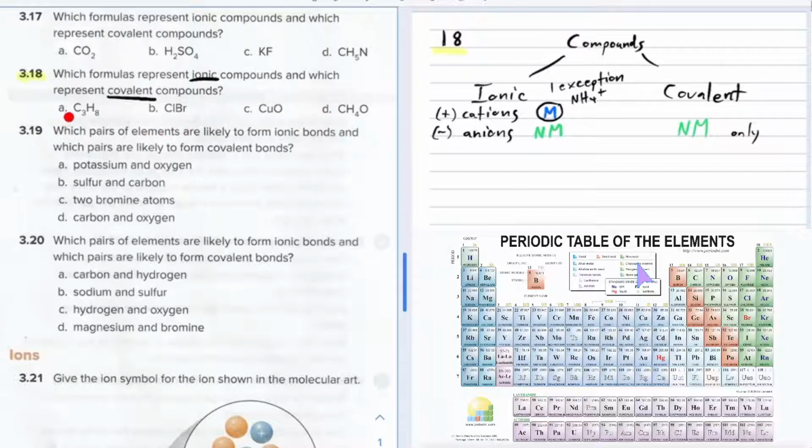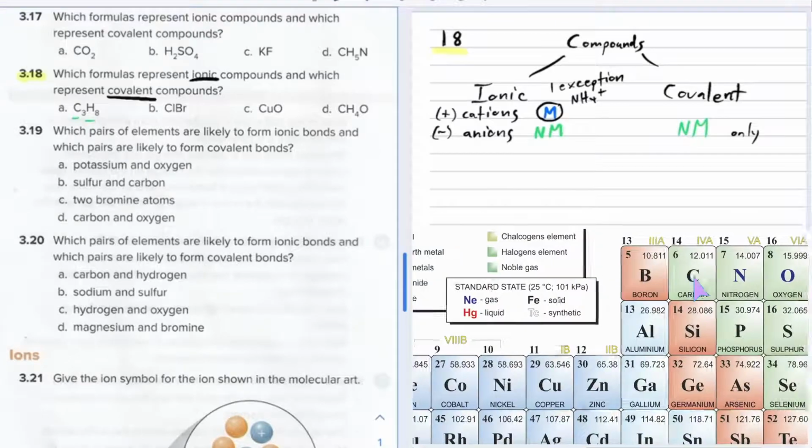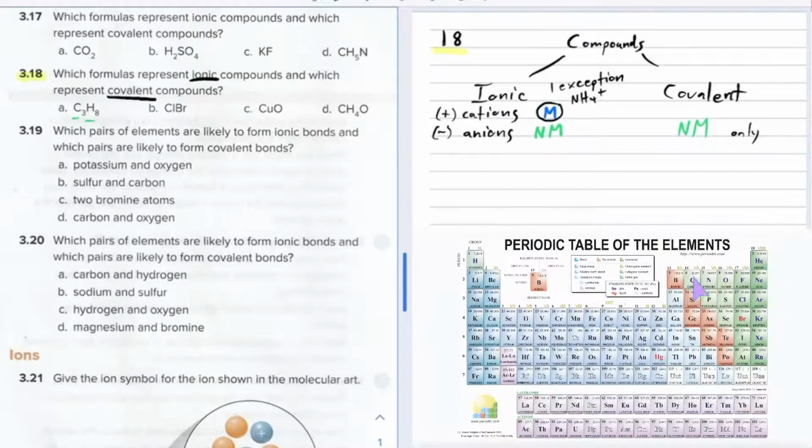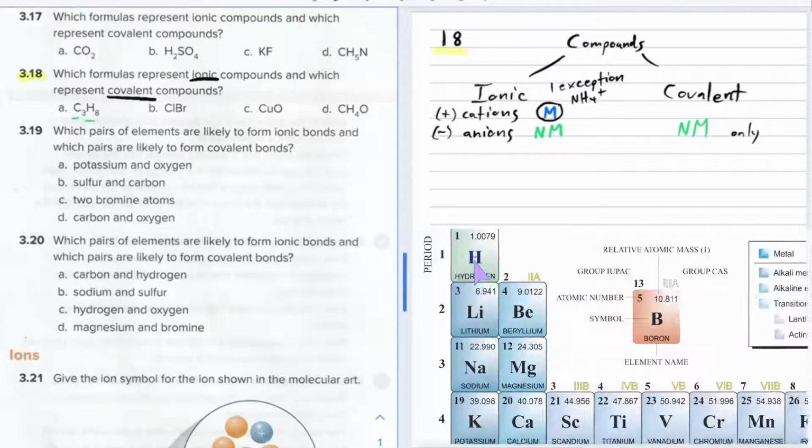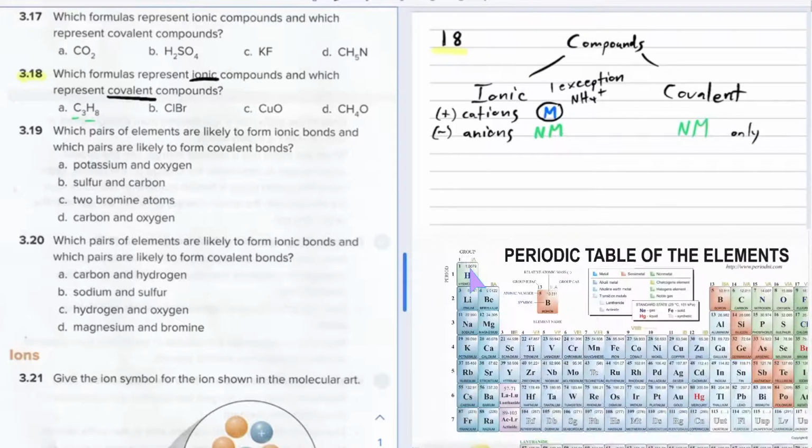So looking at these formulas, C3H8. These are carbon and hydrogen. You see carbon right here. It's a nonmetal, and then hydrogen is on the left-hand side, but it's one of these green elements. It's also a nonmetal.